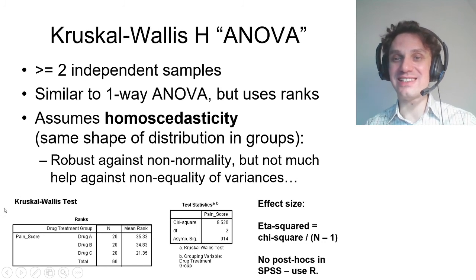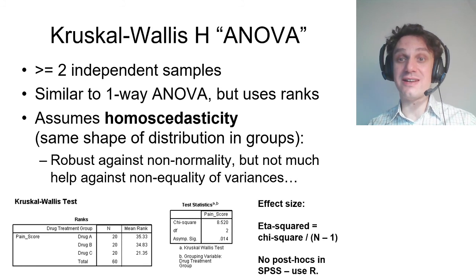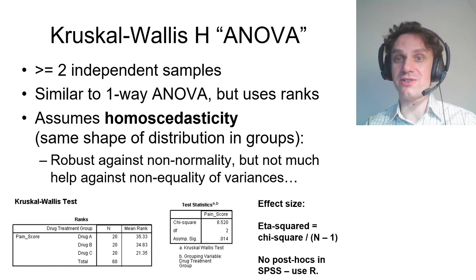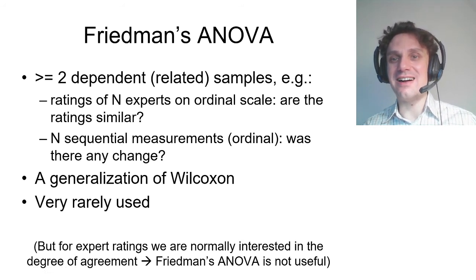Unfortunately, SPSS does not give you any post-hoc tests for Kruskal-Wallis ANOVA, and you need to just perform Mann-Whitney by hand. Or in R, it gives you post-hoc tests that are appropriate. I can't remember about Jamovi. Never tried it in Jamovi.